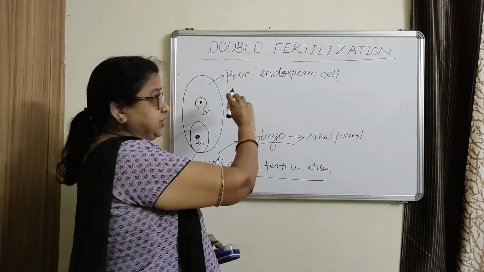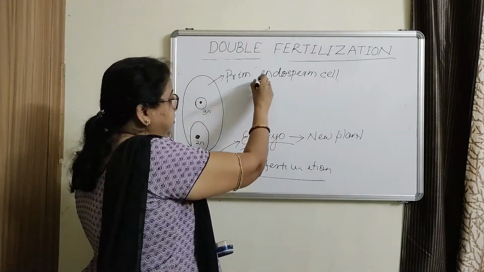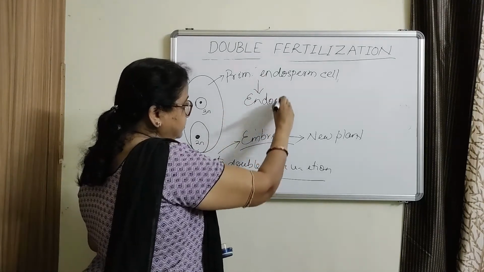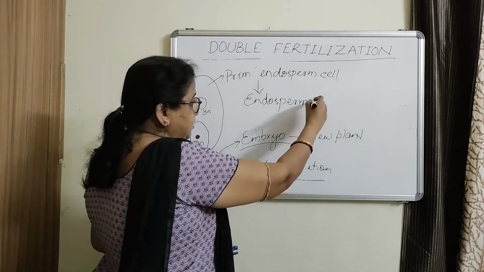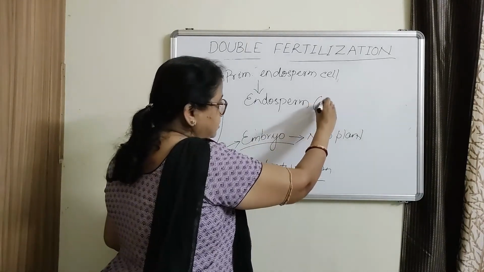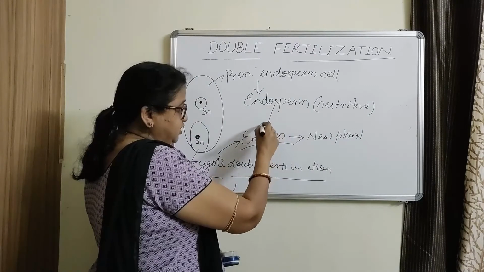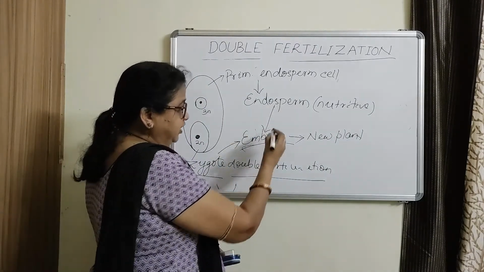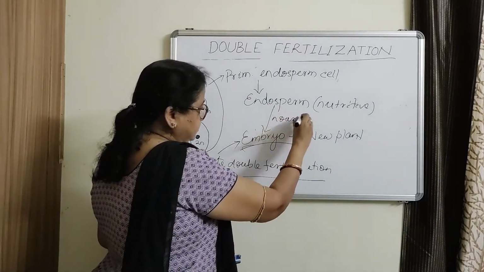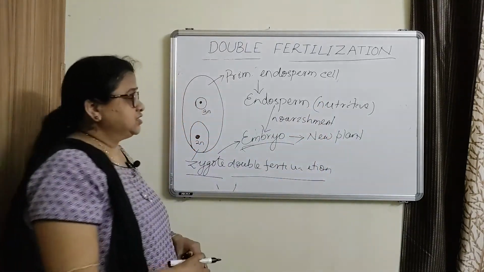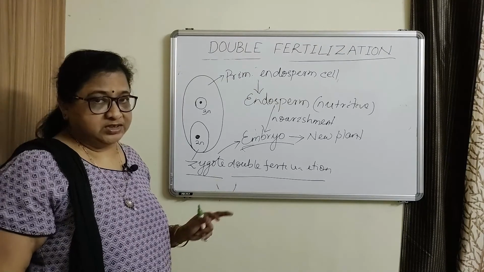And the primary endosperm cell divides to form the endosperm, which is a nutritive tissue and gives nourishment to the developing embryo. So this is all about double fertilization.